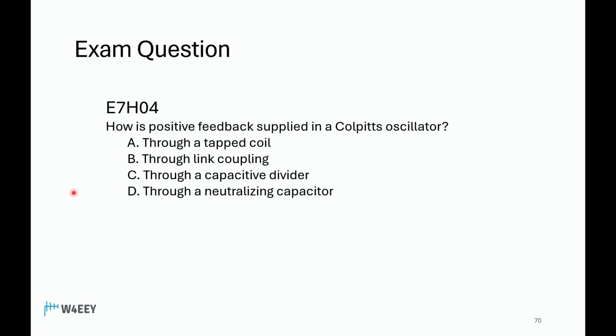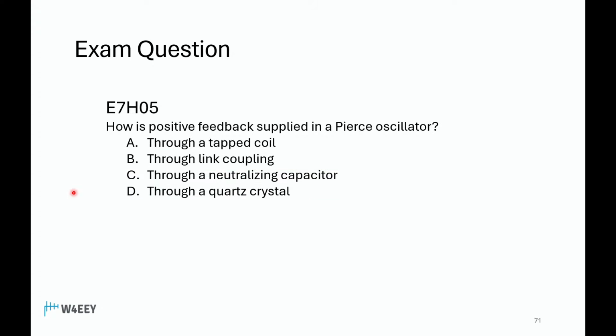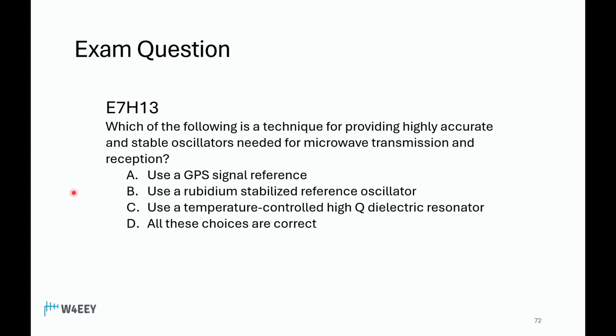How is positive feedback supplied in a Colpitts oscillator? Charlie, through capacitive divider. C for capacitance, C for Colpitts. How is positive feedback supplied in a Pierce oscillator? Delta. Right. Piezoelectric, Pierce, or broken crystal pierces your finger.